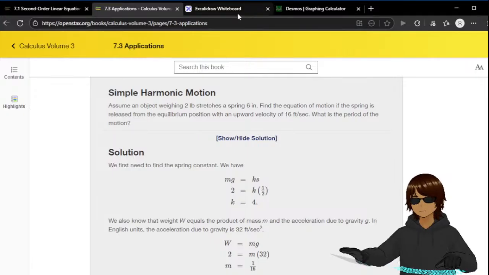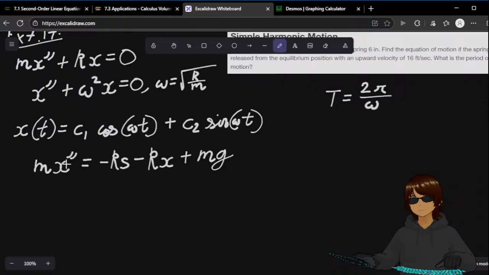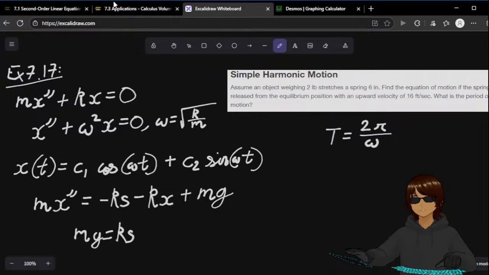Okay, mg, I understand. The equilibrium position is like this. mg, I understand. s is 6 inches.